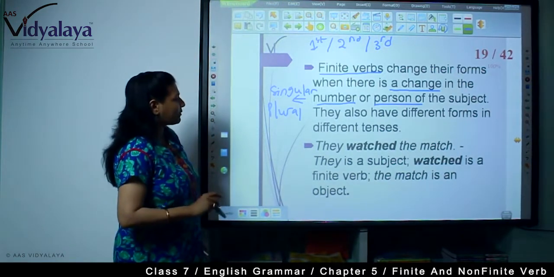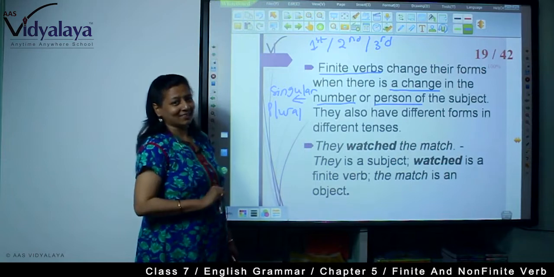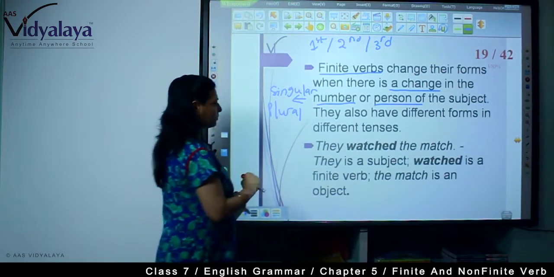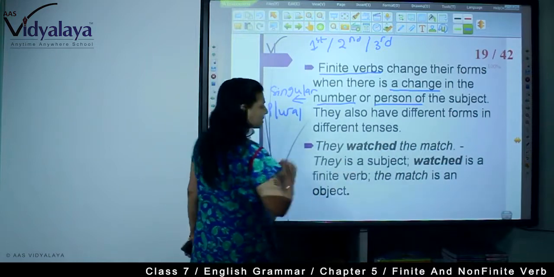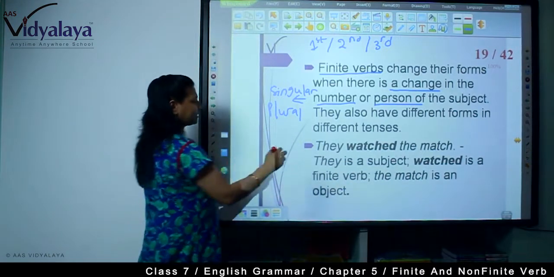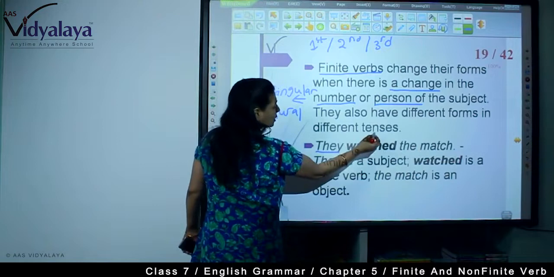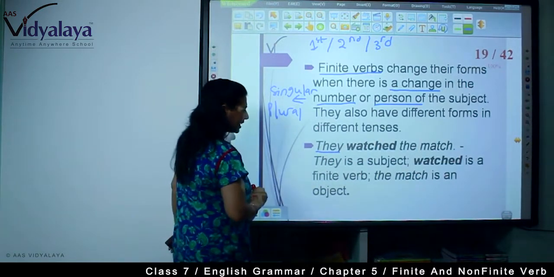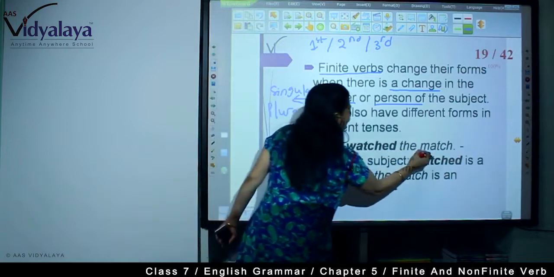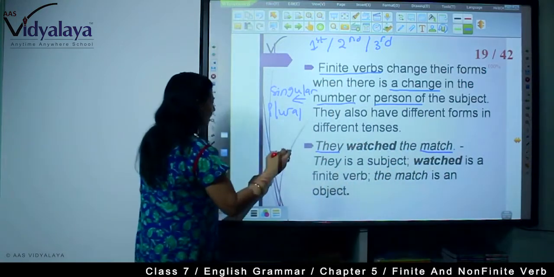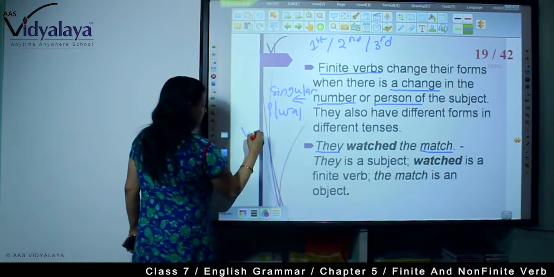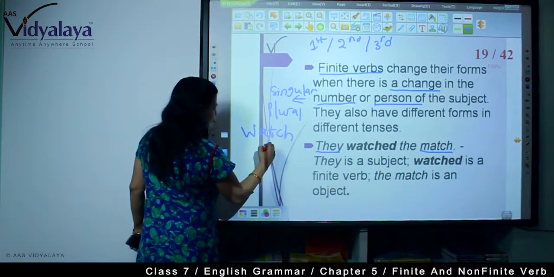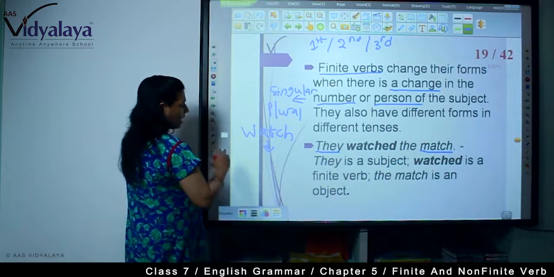They also have different forms in different tenses. For example, "They watched the match." Here "they" is the subject, "watched" means it is a past tense and it's a finite verb, and "the match" is an object. The verb watch, W-A-T-C-H, is a finite verb.